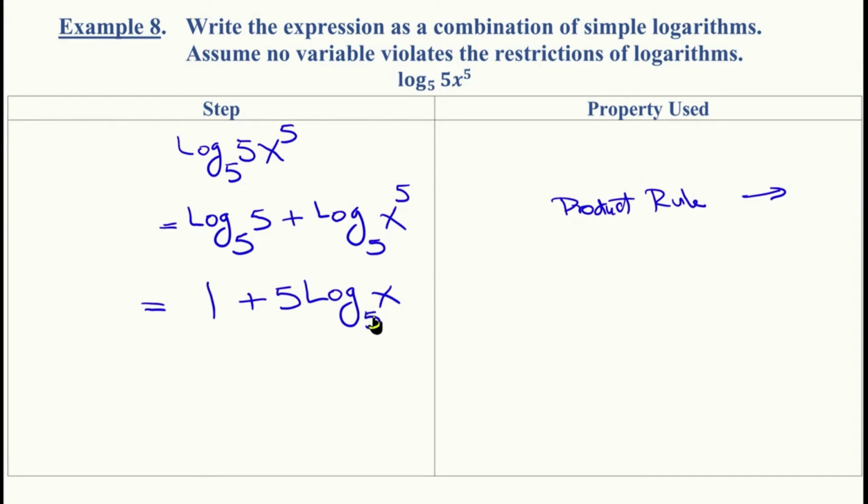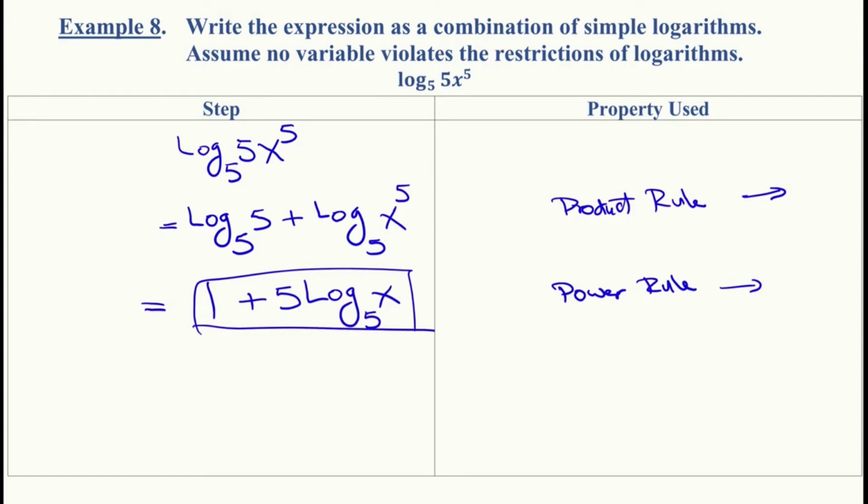And there's really not much else we can do. So here at this point we are done, and the property we used here was the power rule, also used from left to right. And that will be the final answer of the rewriting of that expression.